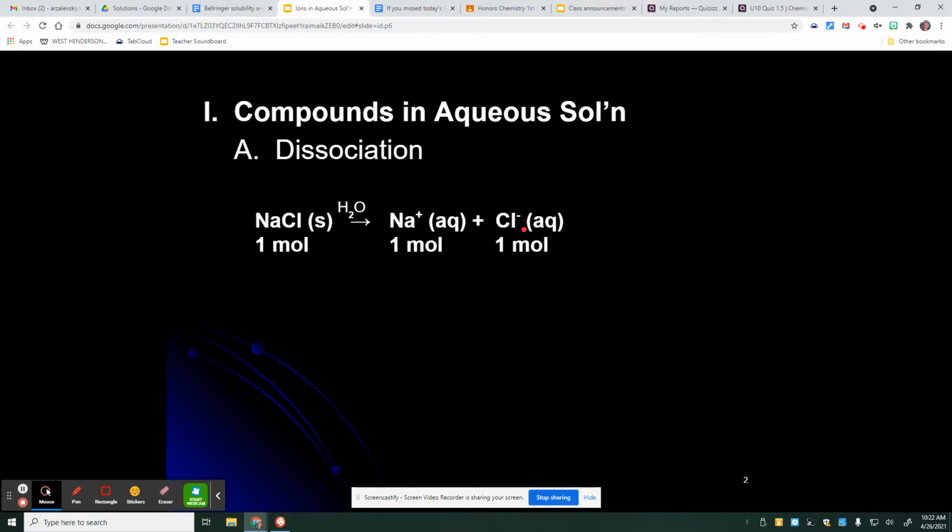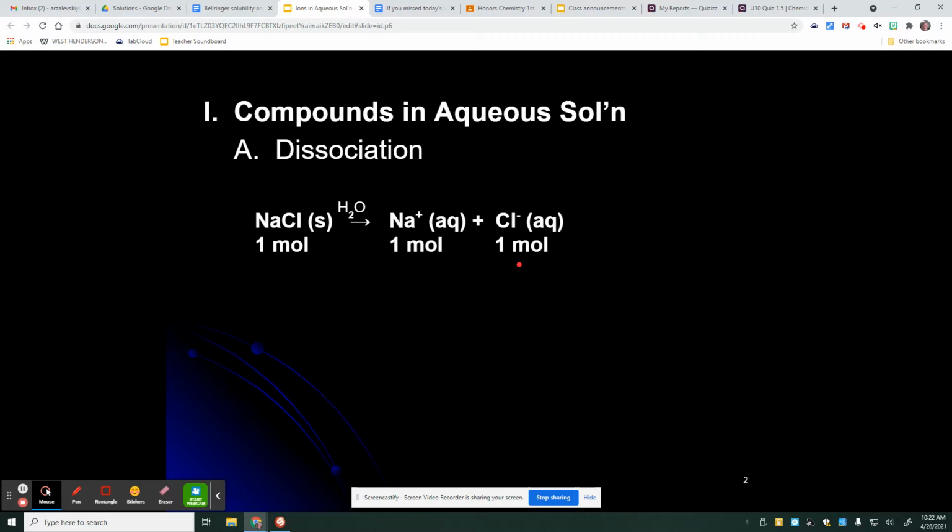Now, it can also be balanced. And if I put 1 mole of sodium chloride into solution, I get 1 mole of sodium ions floating around and 1 mole of chloride ions floating around. So for every 1 piece I put into solution, I get 2 pieces floating around.